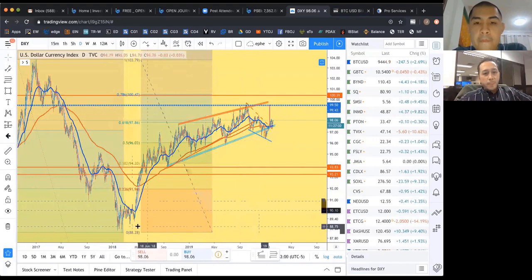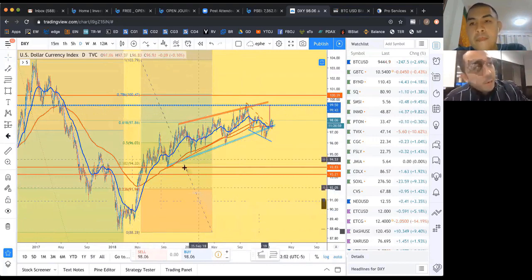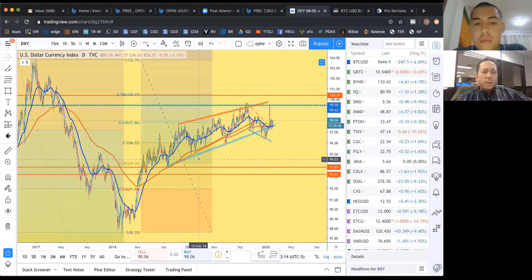And maybe some of you are thinking, what does an appreciating dollar have to do with money going out of emerging markets? The answer is simple. If you're a foreign fund manager and you're investing in the Philippines, China, emerging markets in general, you simply convert your dollars to the local currency.